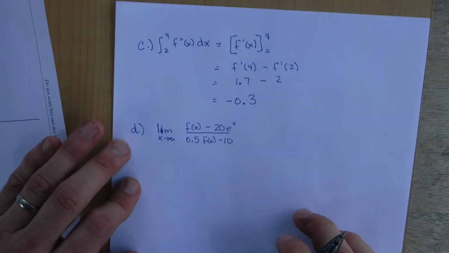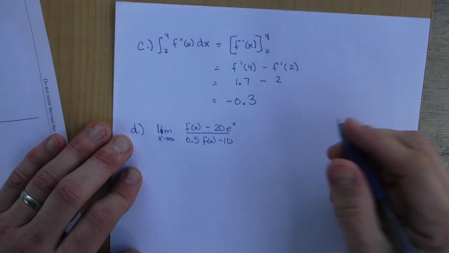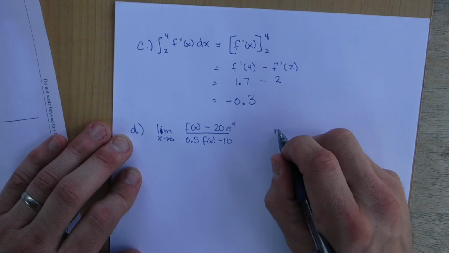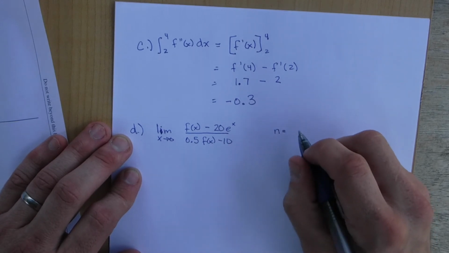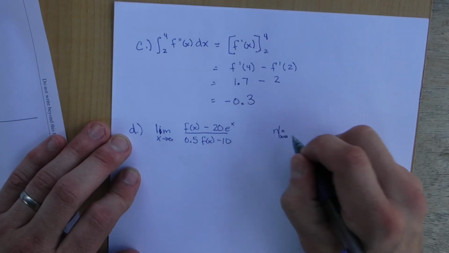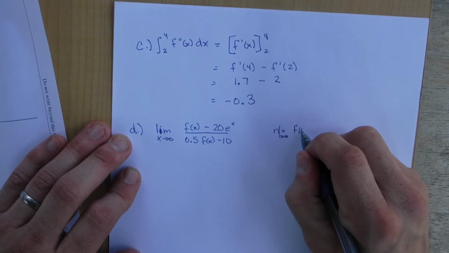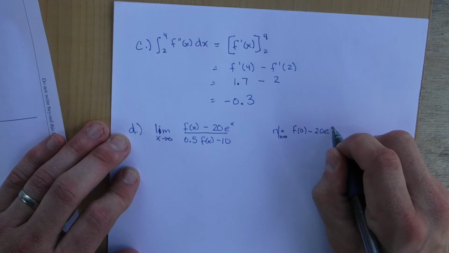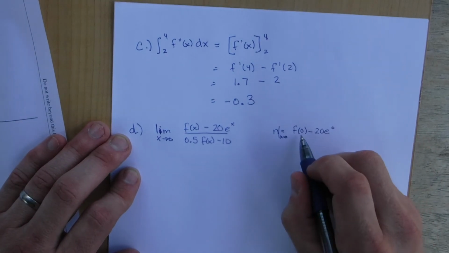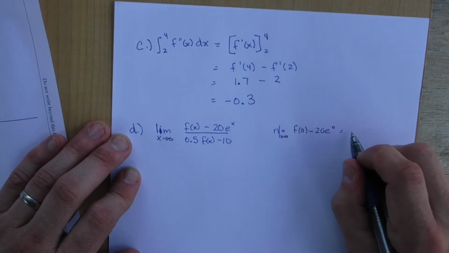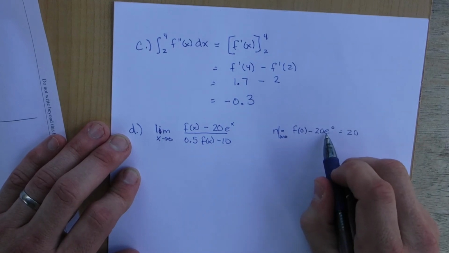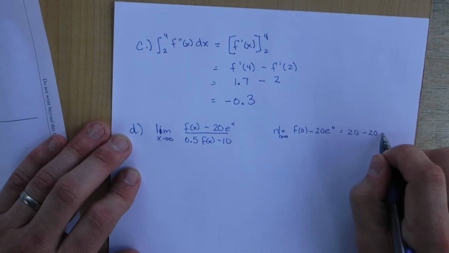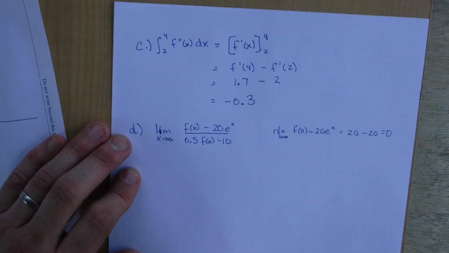All right, let's just plug in 0 here. The numerator, when x is equal to 0, will be f of 0 minus 20 e to the 0. The initial condition is that f of 0 is 20. e to the 0 is 1, so this is 20 minus 20 times 1, which is 0.